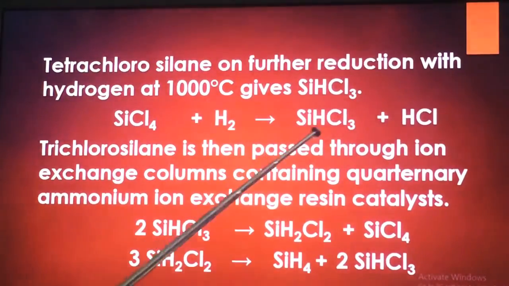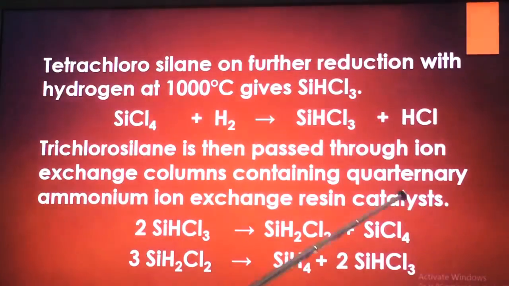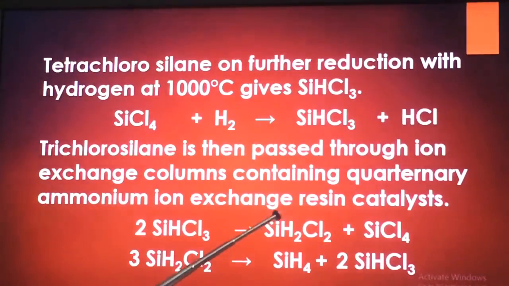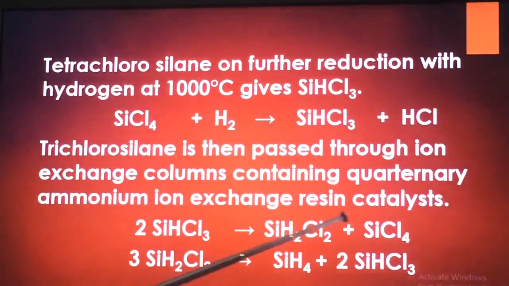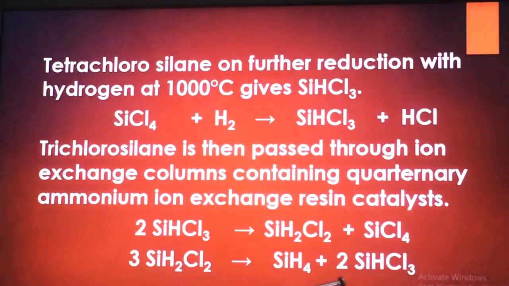Trichlorosilane is then passed through ion exchange columns containing quaternary ammonium ion exchange resin which acts as a catalyst. So what will happen? Trichlorosilane will get converted to dichlorosilane and tetrachlorosilane. This dichlorosilane again will be converted to silane or silicon hydride and trichlorosilane.